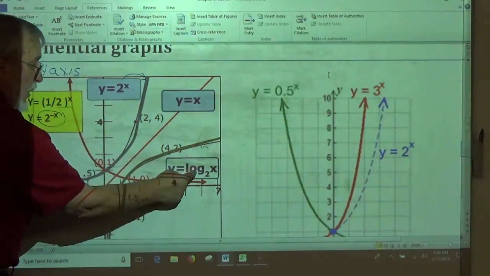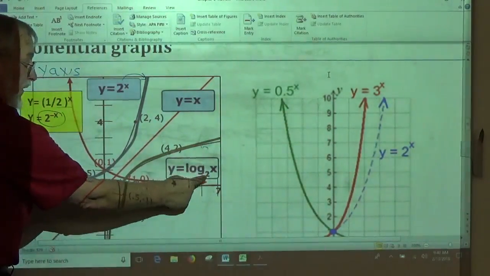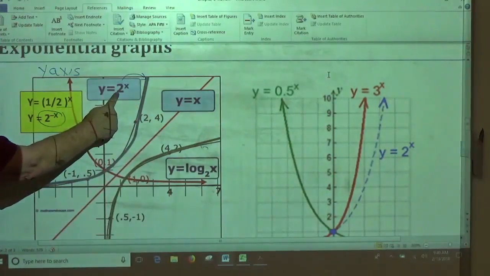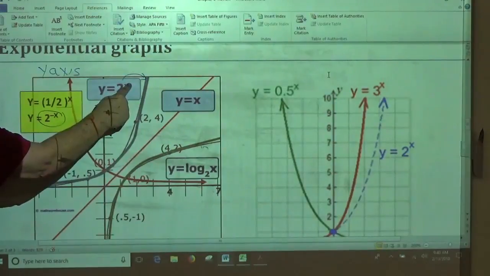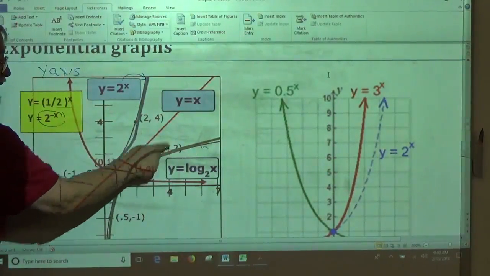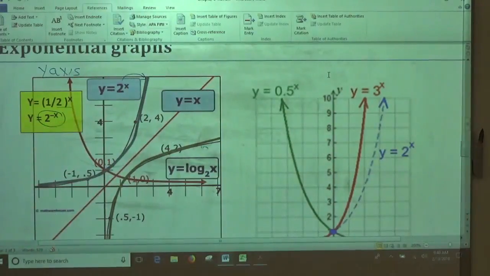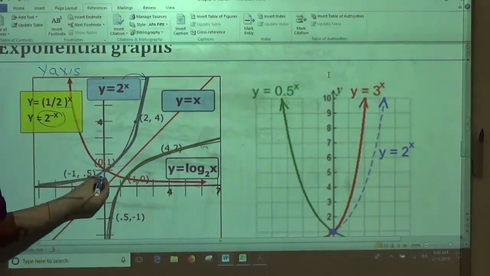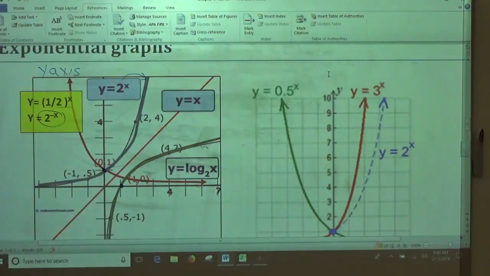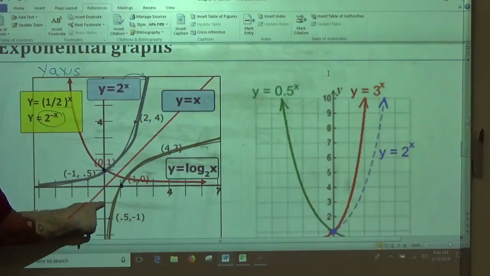But the logarithm of base 2, which is the inverse of base 2 to the x power, they are reflected across the line x equals y. But the key there is, instead of being here, it's over here at 1. See the difference? It's not down here.